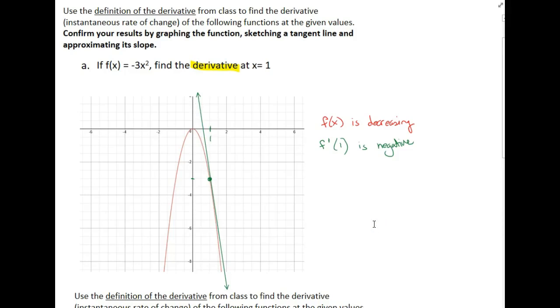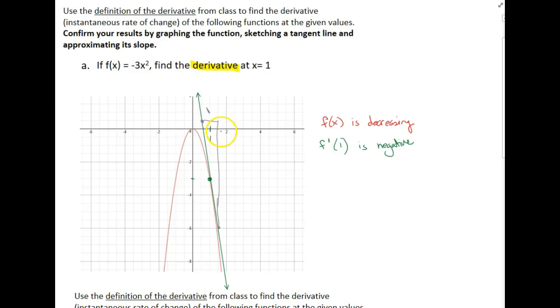So now we'll try to approximate the slope of this. I'll do a slope triangle. This looks like a nice point to choose, and then another one maybe about here. So this is a run of 1 unit. Notice my scale is 2 to 1, so that's 1 unit.